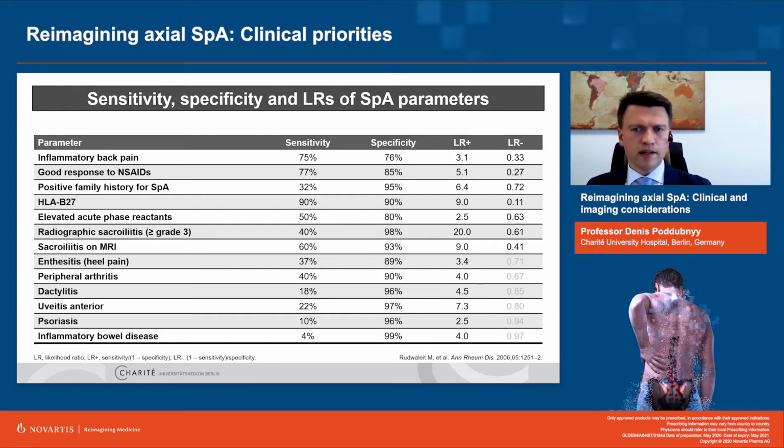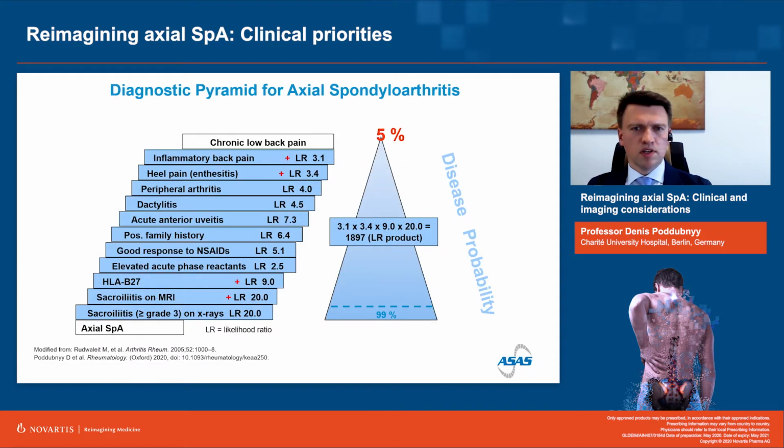And at the end, we can combine all these likelihoods in a so-called likelihood ratio product. And probably you all know this concept of a diagnostic pyramid for axial spondyloarthritis, where we can estimate the probability of the disease. We start here with 5% of the probability of axial spondyloarthritis in patients with chronic back pain, and with every positive parameter, we increase the probability of the disease.